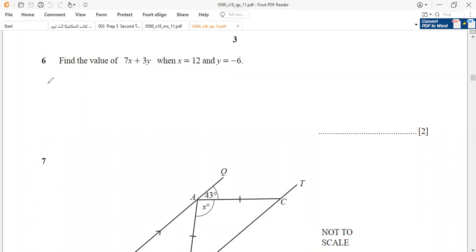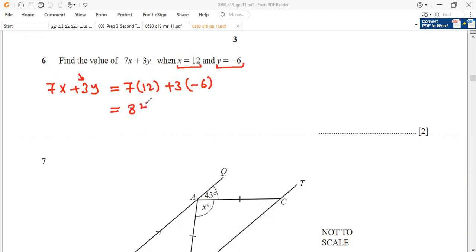We will replace: 7x plus 3y equals, write the number 7 here and replace x by 12, in brackets, multiply 12, plus 3, and instead of y we write negative 6. 3 multiply negative 6. 7 multiply 12 is 84. 3 multiply negative 6 will be negative 18.